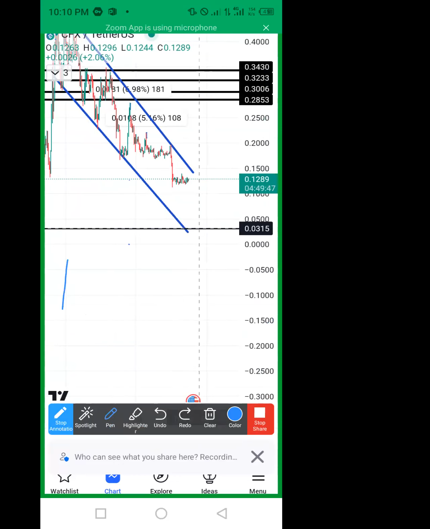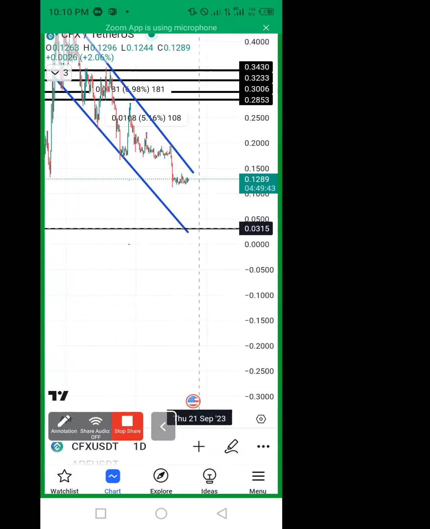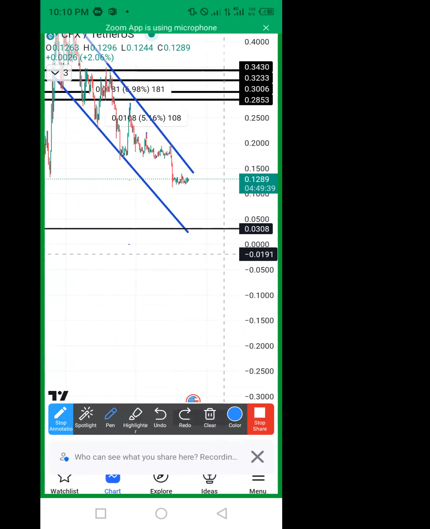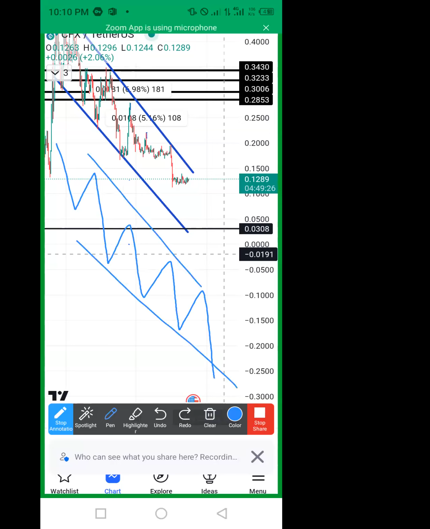Even when coming down, it doesn't just move straight down, no, it cannot do that. But when the general movement is a downtrend, CFX is still going down.